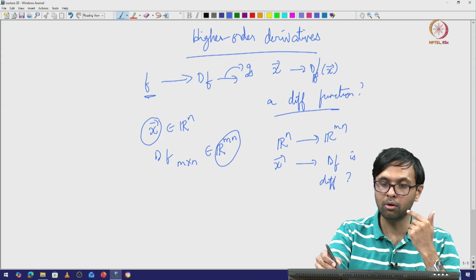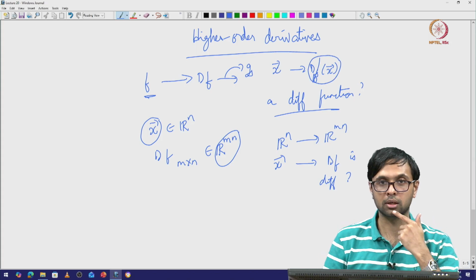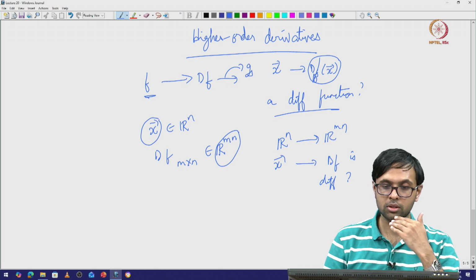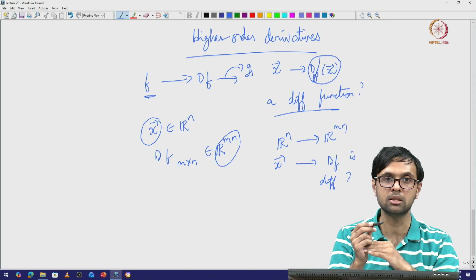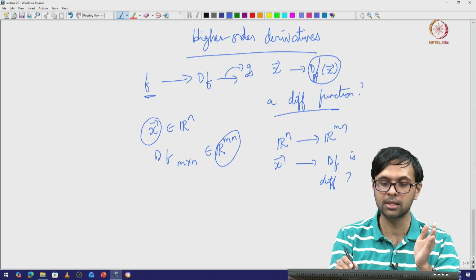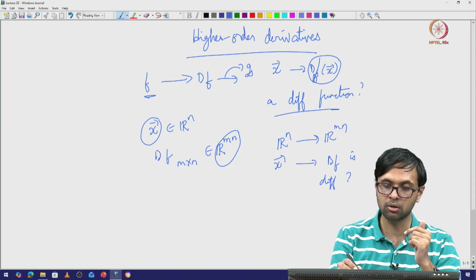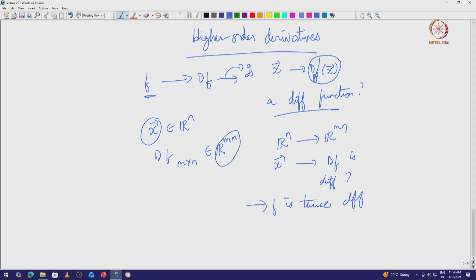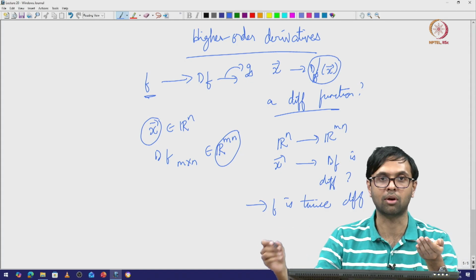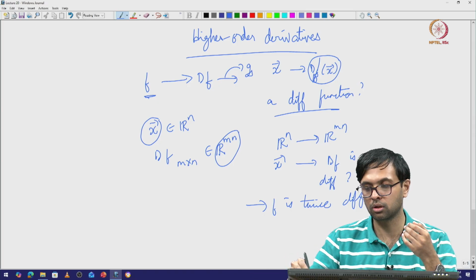Otherwise, how can you talk about differentiating this function further, right? It's not possible to do that. So we would want to make several hypotheses for this to make sense. But if all of these make sense, and if the answer to this is yes, then f is said to be twice differentiable. And if it is twice differentiable, you can talk about the derivative of the derivative. That will be a more complicated object, and you can talk about thrice differentiability and so on and so forth.